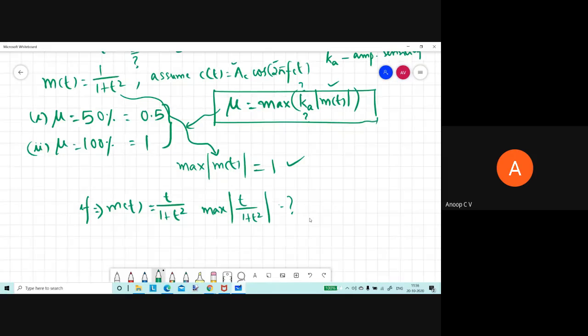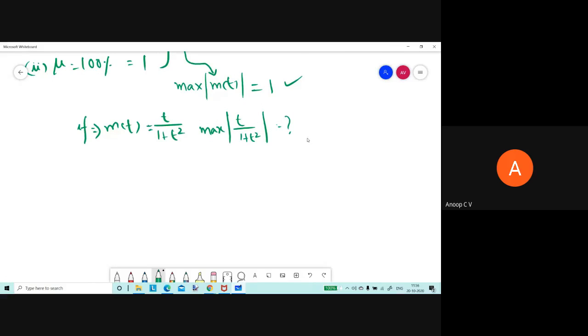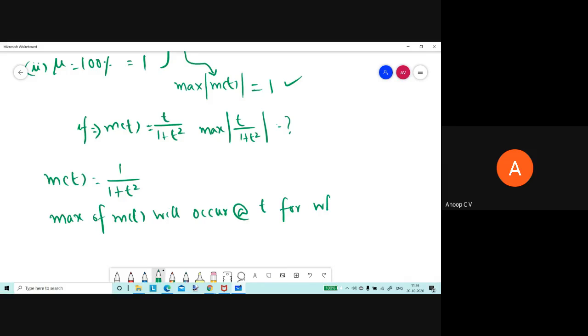There is a mathematical method. If we assume m of t is equal to t by 1 plus t square, the maximum of m of t, and of course the minimum also, will occur at some value of t for which d by dt of m of t is equal to 0.